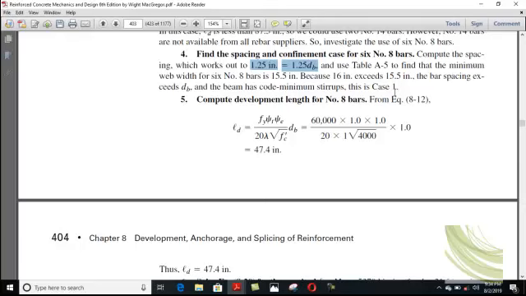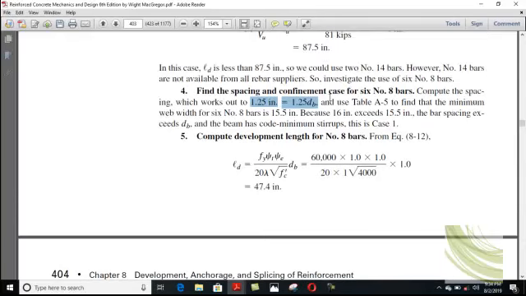Same case, because the depth is the same, so your minimum spacing criteria of steel is also okay. So this is case 1, not case 2. Now compute the same development length formula. Only dB will be changed, not other parameters, because in the previous calculation it was 1.69 and in the present calculation it comes out to be 1, because the diameter of the number 8 bar equals 1.